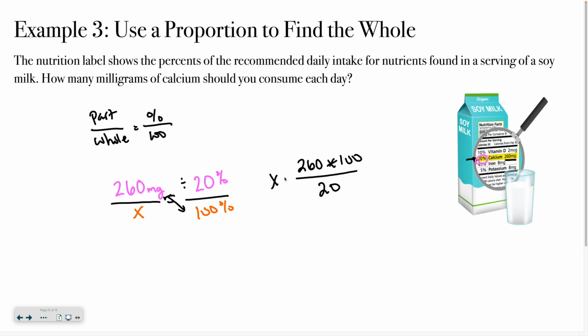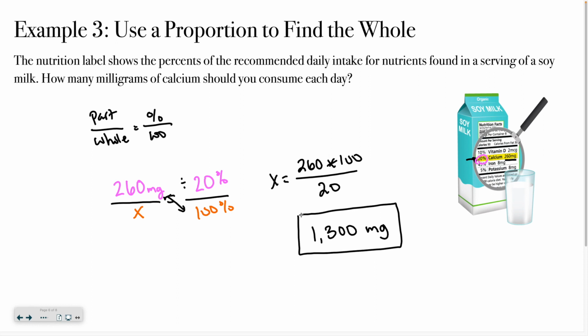When I do that, I am left with 1,300 milligrams as my label. 260 times 100 becomes 2,600, or sorry, 26,000 would be the number on the top. I dropped a 0 with my mental math. 26,000 divided by 20 would be 1,300. And then our label is milligrams.